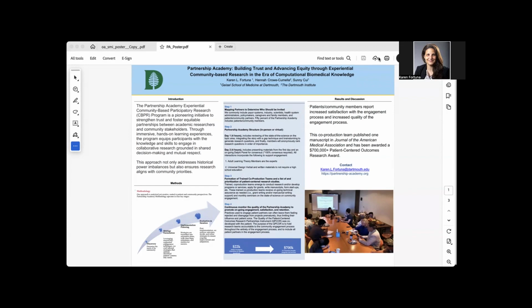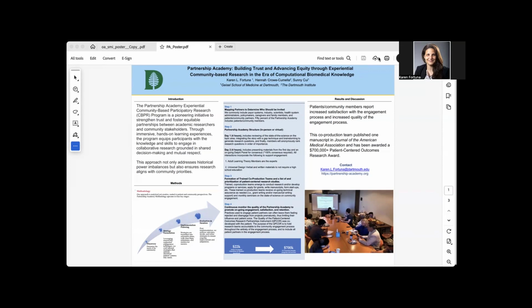systems and services. So within the Partnership Academy, individuals will come together. We work with them to map out who should be at the specific table. So let's say that we're using different data sources to develop and predict early mortality with people with a diagnosis of serious mental illness.